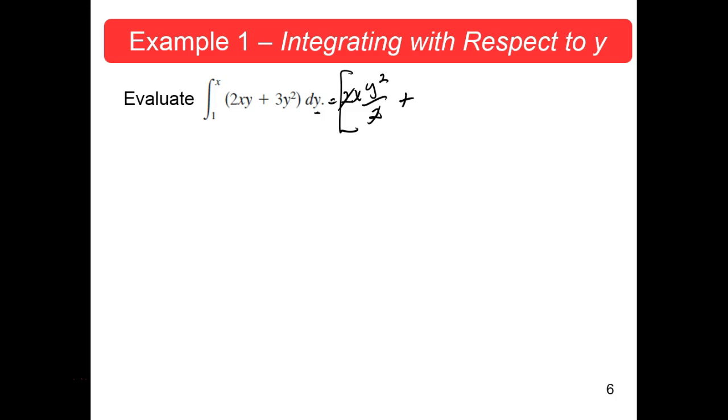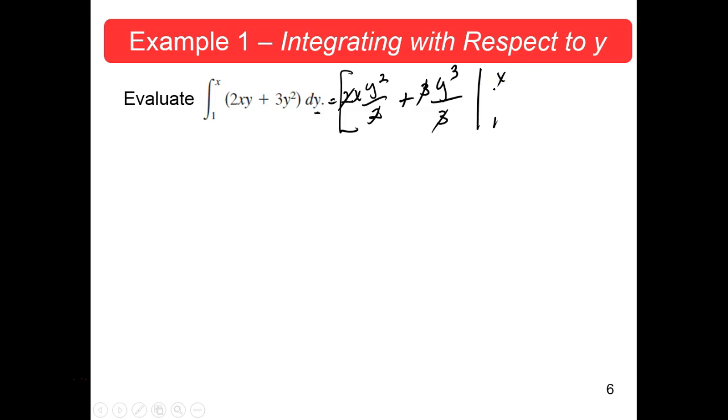You're integrating, not differentiating. Antiderivative. It's already y squared. Yeah, y to the third over 3, but then you had a 3 in front, and now the 3's go out. You're going to evaluate that from 1 to x.